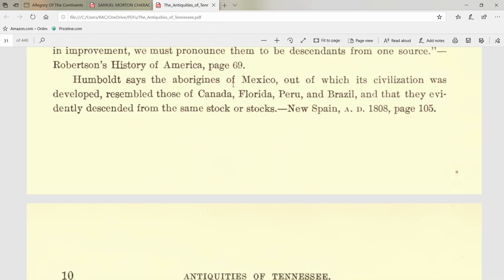Now, remember, it says that the Aborigines of Mexico, out of which its civilization was developed, resembled those of Canada, Florida, Peru, and Brazil. And that, believe it or not, represents the entire Western Hemisphere, because you can't get to Mexico from Canada without going through what is called North America or the United States.